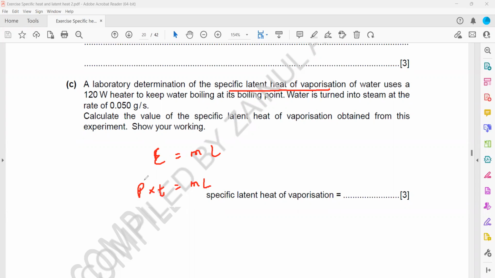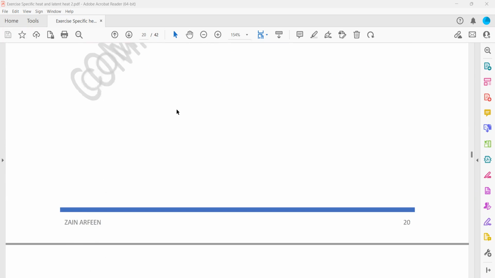We have the power, the time, and the mass as well. So we can work out the latent heat. Just substitute the values and you will get the latent heat, which is 2400 joules per gram. But again, as I repeat for you IGCSE students, you don't have to learn this formula. Only the explanation is important, like what happened when the state changes.